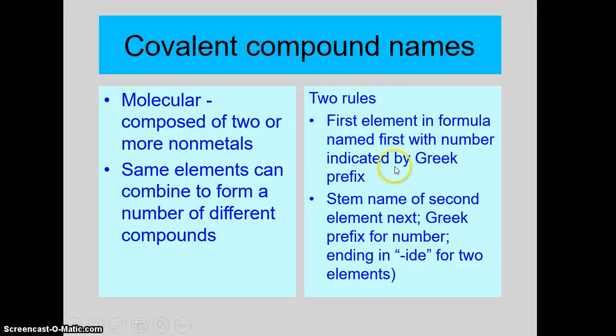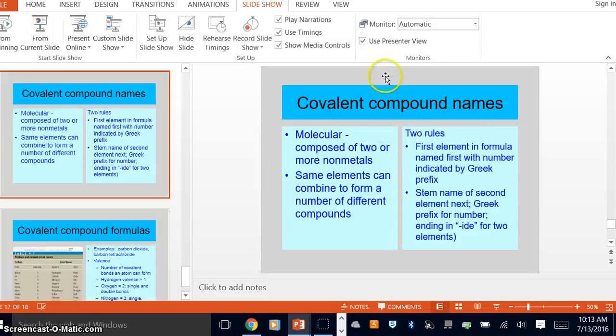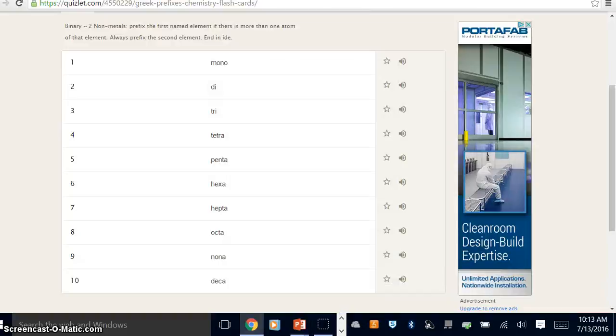Let me explain what the Greek prefixes are. Actually, I'll show you. So here are the Greek prefixes. You just have these handy when you're naming covalent compounds. Just keep in mind, covalent is a nonmetal to a nonmetal, like carbon to oxygen, for example. If there's one atom, we use the Greek prefix mon. And it's kind of funny with mon, this is the only one that is reserved for oxygen.